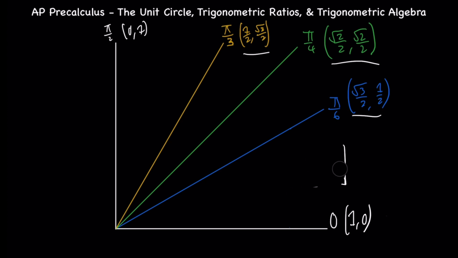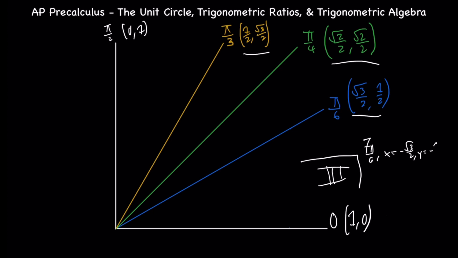Likewise, say we're going into quadrant 3, in which they're both negative. So, for instance, say we want to find 7 pi over 6, which is this angle. Our x-coordinate would be negative root 3 over 2.